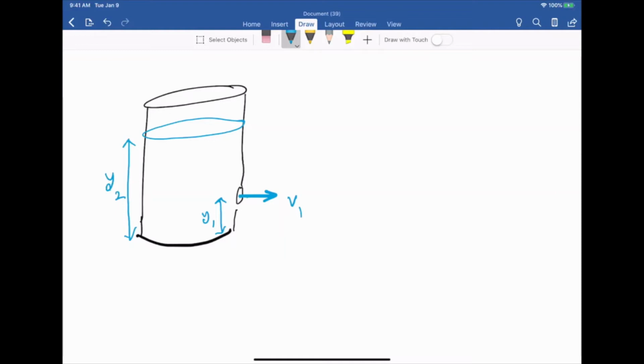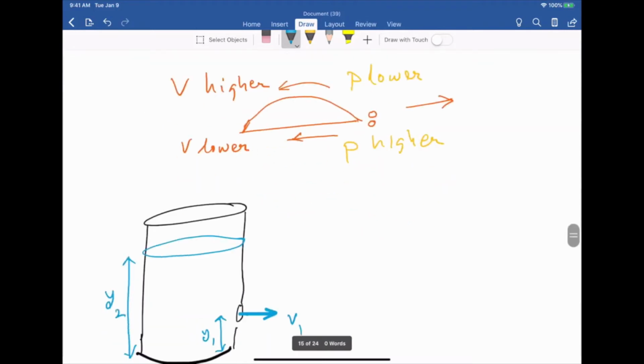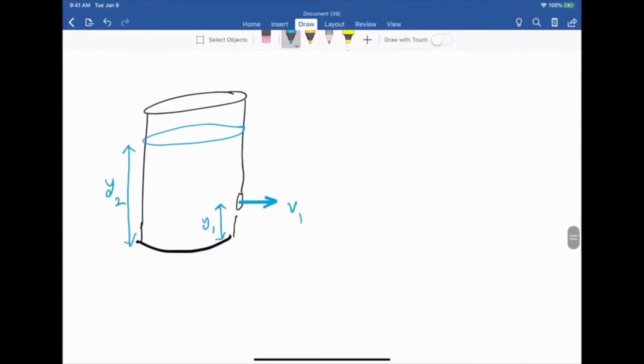One fact we've often mentioned throughout this chapter is that if a point is in contact with the atmosphere, its pressure is atmospheric pressure, right? So it's convenient to choose one point over here and another point right here.